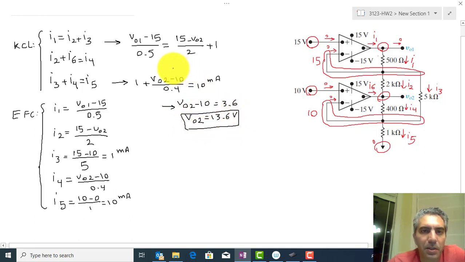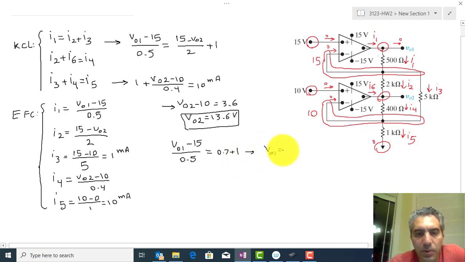Now, with this known, I can put this back into this equation up here and calculate Vout1. So Vout1 minus 15 divided by 0.5 is equal to 15 minus 13.6, which is 1.4, divided by 2 is 0.7, plus 1, and therefore Vout1 is equal to 15.85 volts.